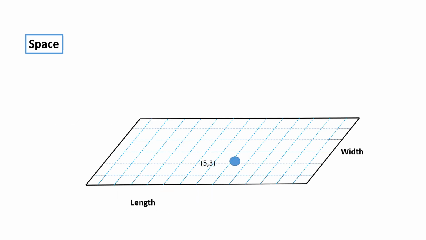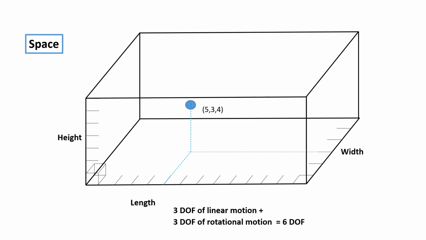But with length and width, I now have 2 degrees of freedom, and I can travel back and forth and left and right. And in three-dimensional space, I have now 3 degrees of freedom. I can travel up, down, left, right, and forward and back.